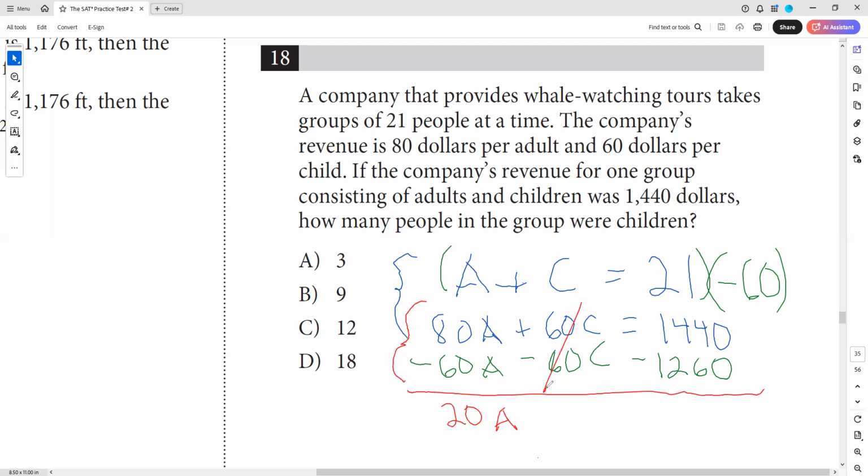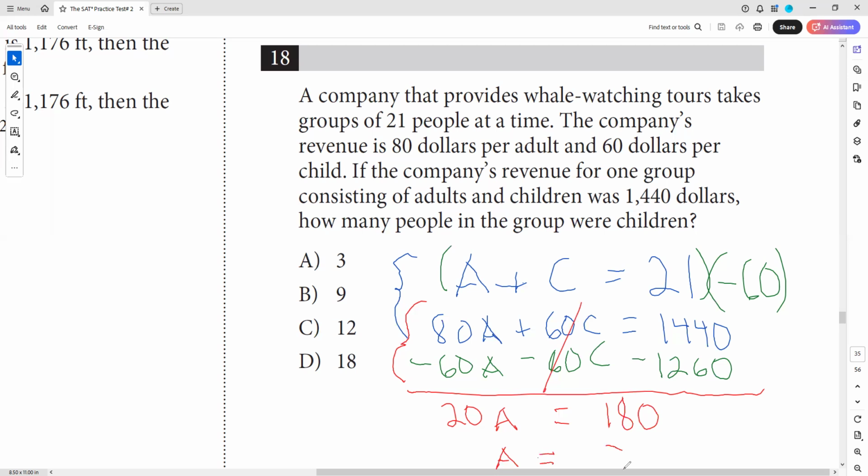Equals 180. Divide both sides by 20 and A is equal to 9. 20 divided by 20 is 1A, and 180 divided by 20, that's 18 divided by 2, that's 9.